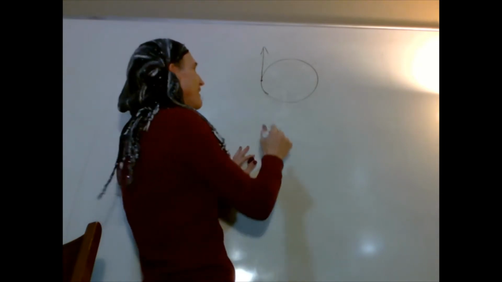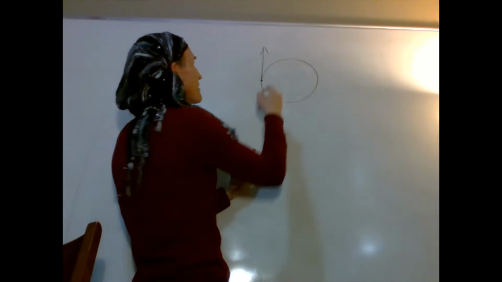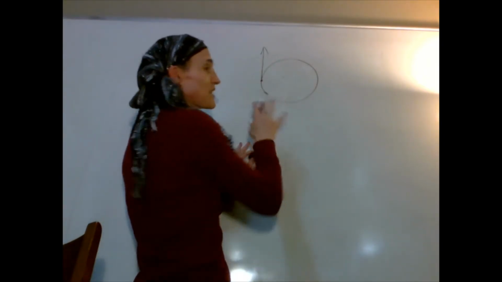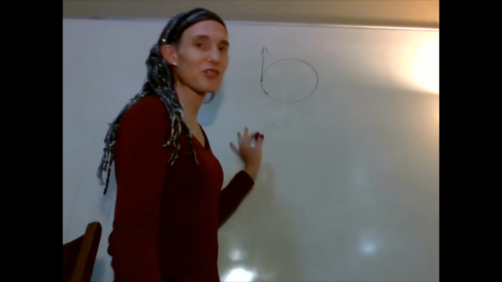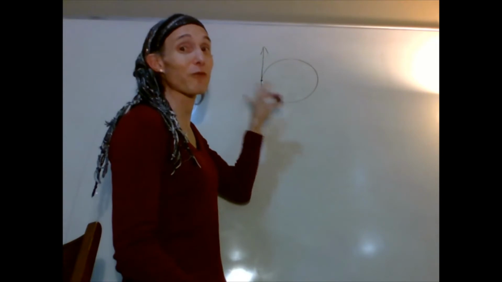Moving in a circle is clearly not doing that, so there must be forces acting on it. Even though it's moving at a constant speed, its velocity is not constant because it's changing direction. Therefore, there is an acceleration, and therefore there is a force.